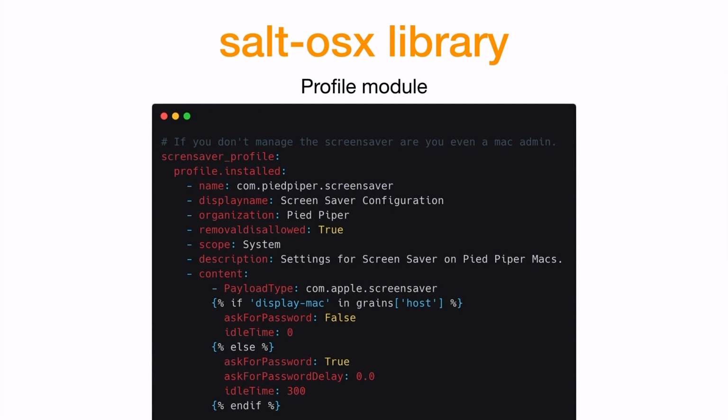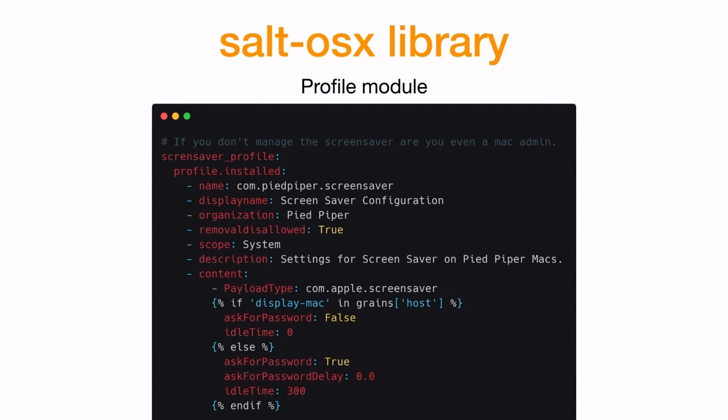You can also manage profiles for now. That might change, I don't know. But you can certainly ship a profile file, and you can also dynamically create a profile. That's what this module example is showing. It is actually creating the profile and installing it in place.